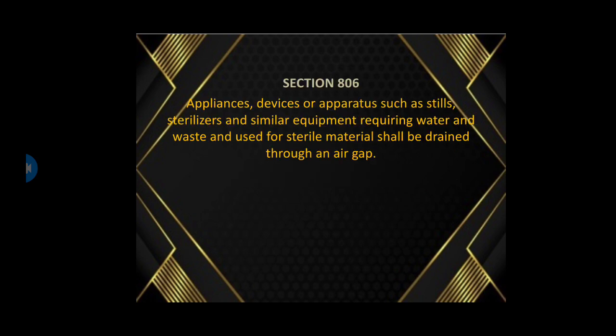Section 806. Sterile equipment. Appliances, devices, or apparatus such as sterilizers and similar equipment requiring water and waste and used for sterile material shall be drained through an air gap.